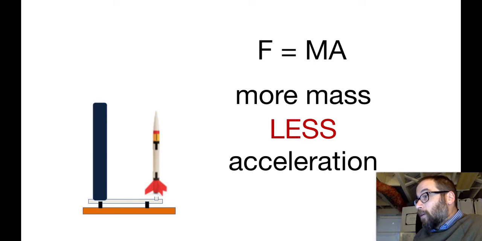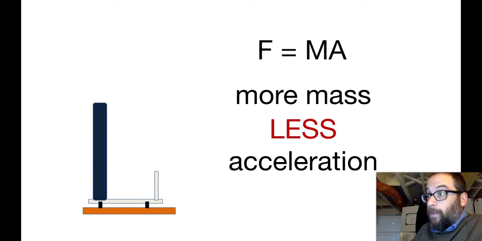Now, at launch, this has one effect on your rocket. When it takes off, the applied force from the compressed air pushes on your rocket and accelerates it upward. If your rocket has a greater mass, that acceleration, with the understanding that the force is the same, is going to be less.